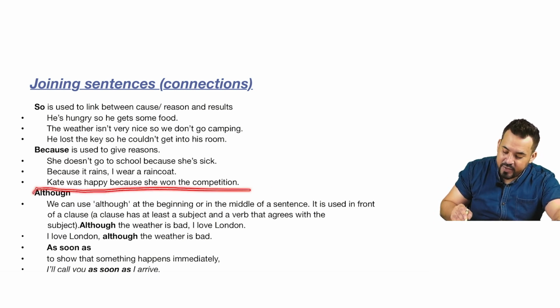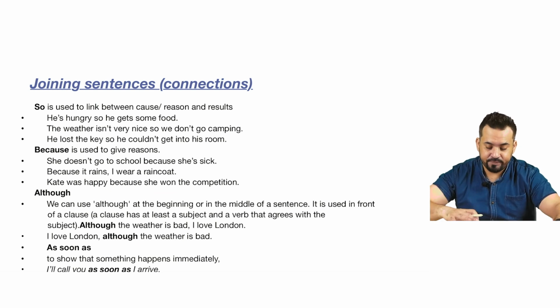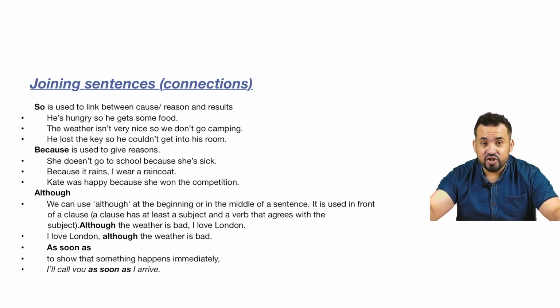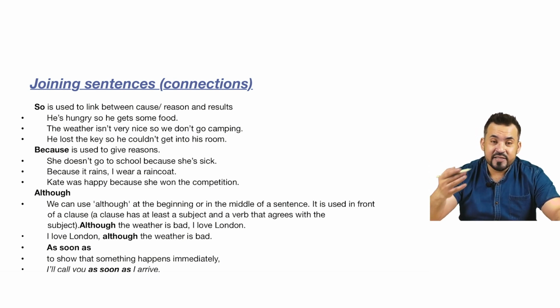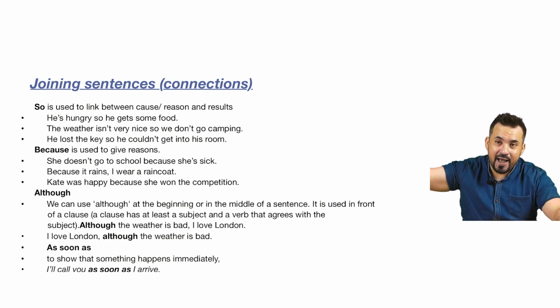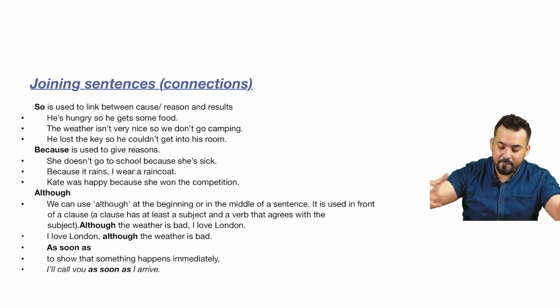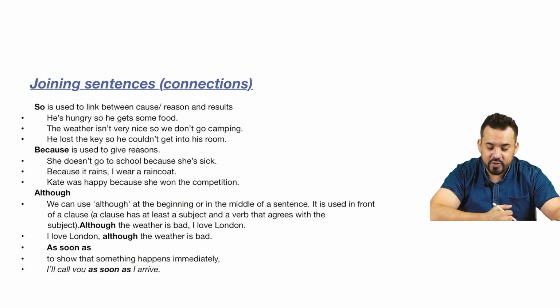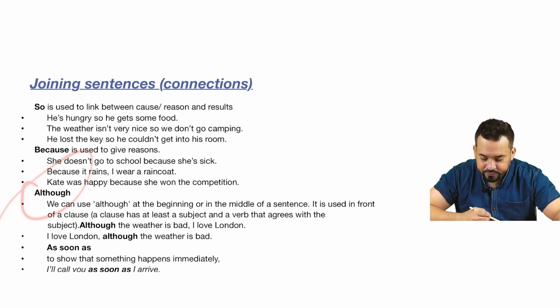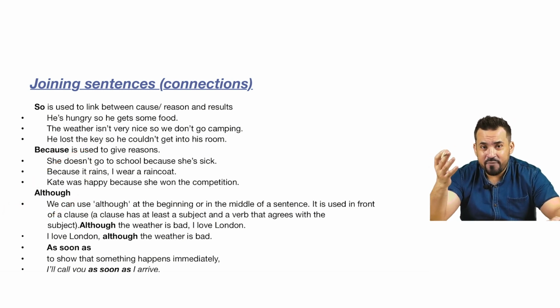Kay was happy because she won the competition. So because is just to give a reason. So is to give a result of an action. So we have something happen, and as the result of that, another thing happens, so we use so. Although is a contrast.